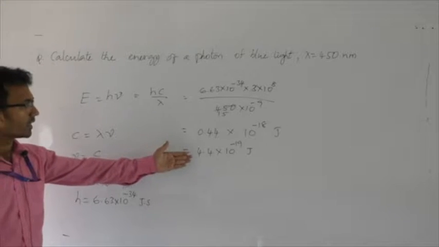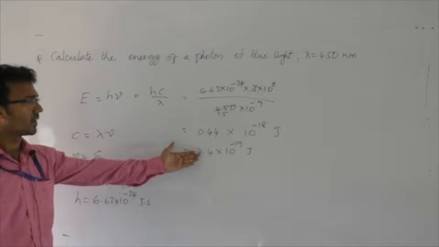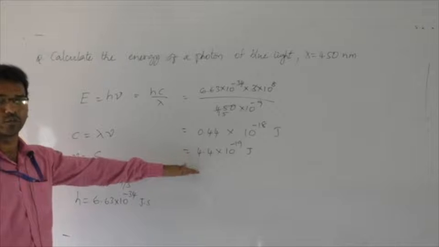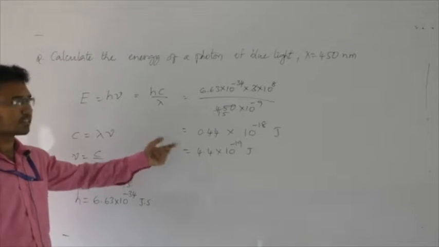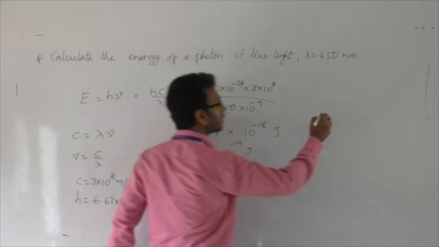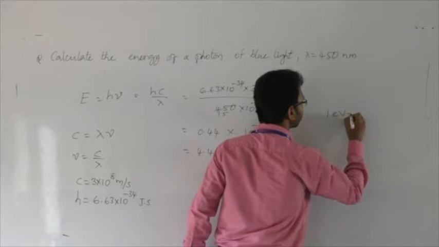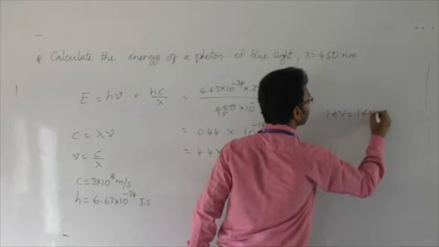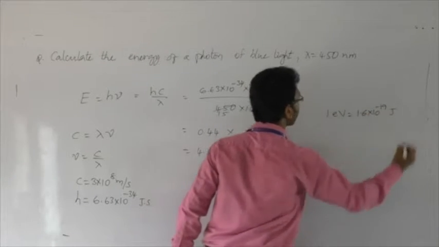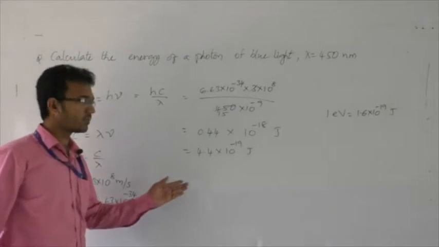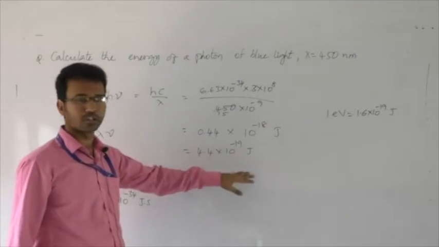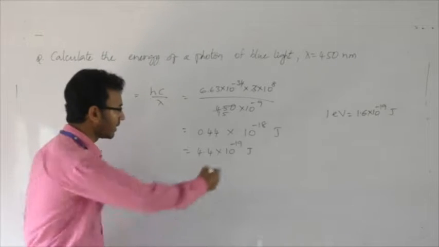If they ask for the value of energy in terms of electron volts instead of joules, what is the conversion needed? We know that 1 electron volt is equal to 1.6 into 10 power minus 19 joules. So suppose in the question they ask for the energy in electron volts, then how do we convert this?